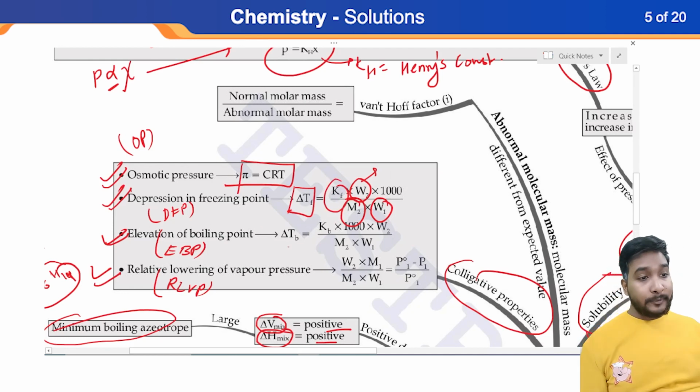Similarly, elevation of boiling point, delta TB, the symbol, again KB into 1000 into W2 upon M2 into W1. RLVP, W2 into M1 upon M2 into W1, equals P01 minus P0 upon P01.